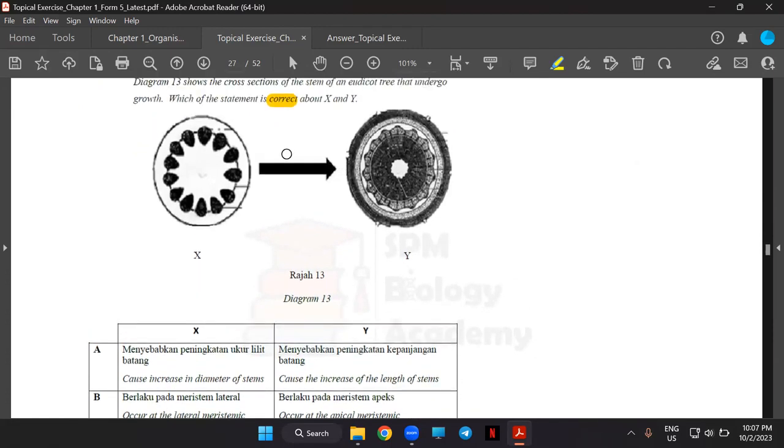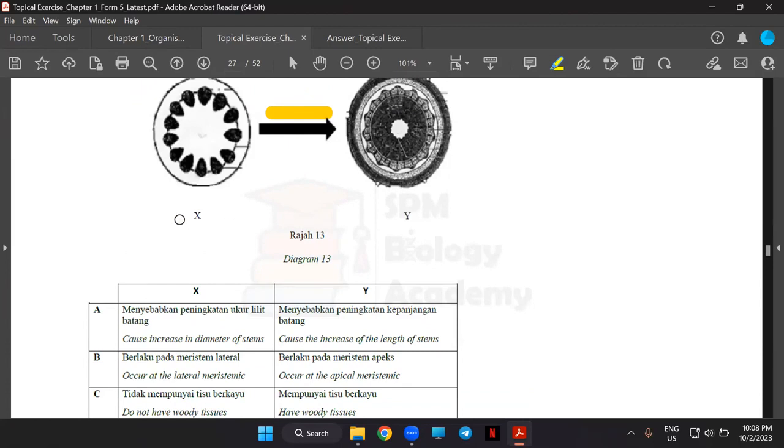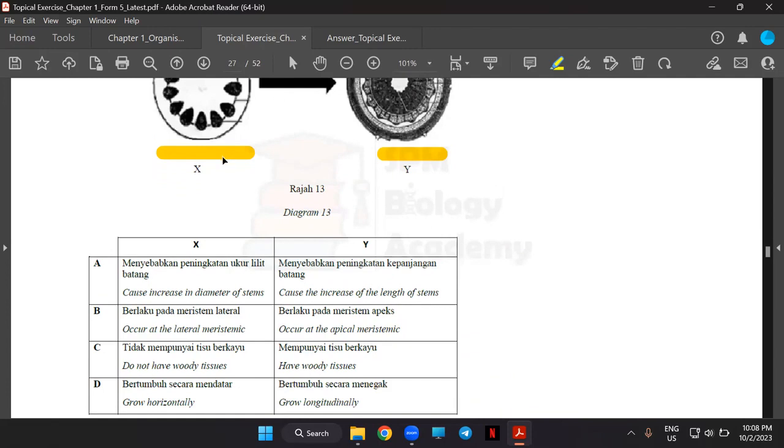So this arrow show, pokok ini mengalami secondary growth. That's what this picture shows. So dia menunjukkan X pergi ke Y, secondary growth is occurring. X menunjukkan primary growth. Y menunjukkan secondary growth. Okay. So X primary growth.